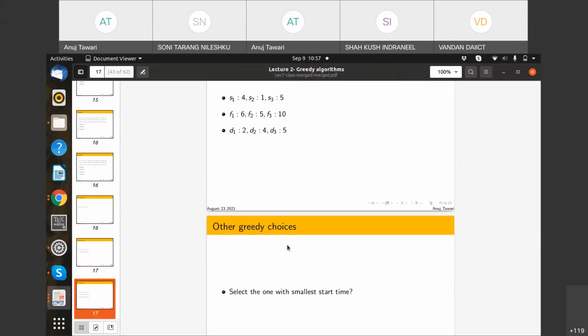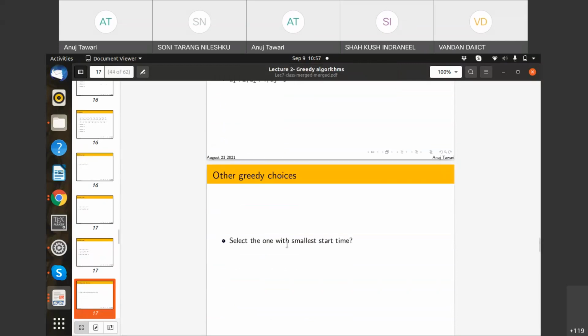Another approach is to select the one with the smallest start time. The one which is starting first, we pick that job.